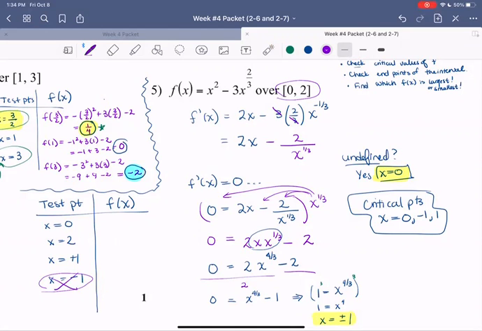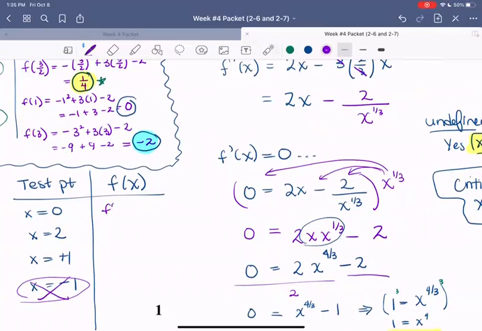Then we just check the function outputs. When we plug x equals 0 into f of x, f of 0 should be 0. When we plug in 2, we're going to have to use a calculator on this one, and we should get something close to -0.7622. When you plug in 1, you should get -2.